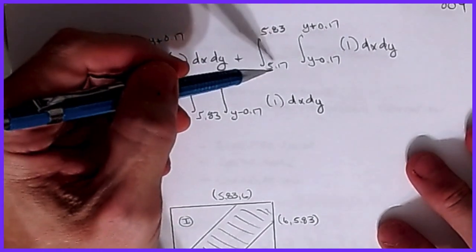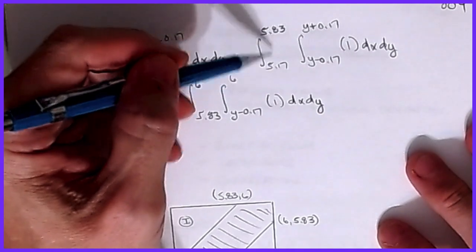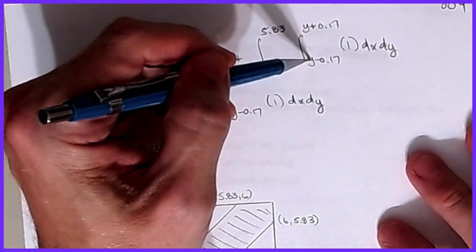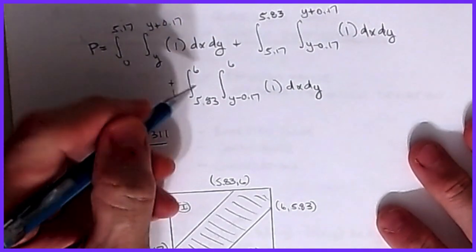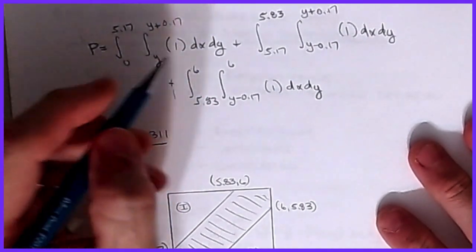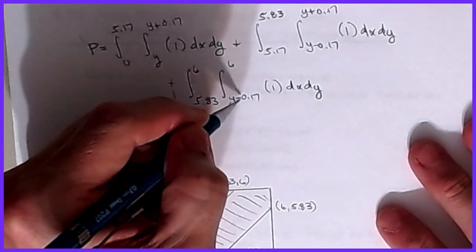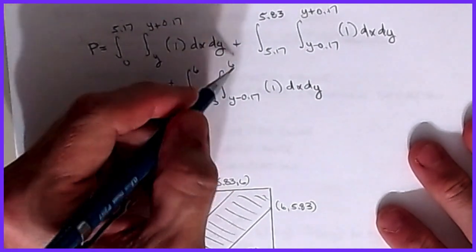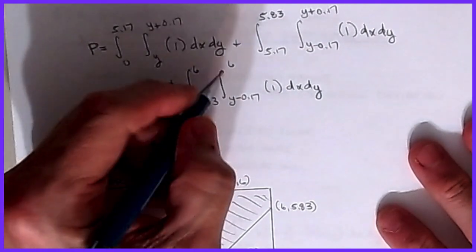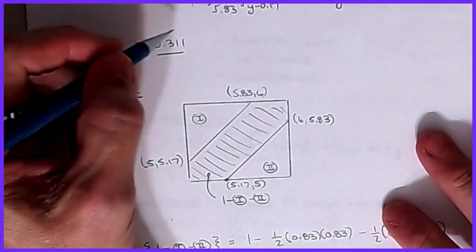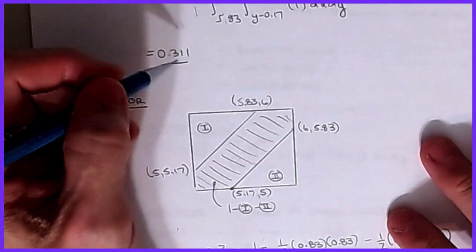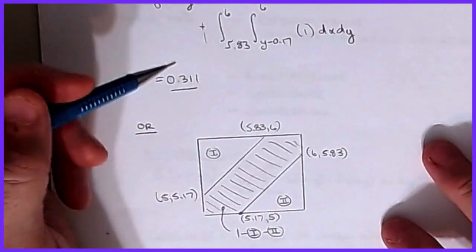Then I can do the middle band that goes from 5:10 to 5:50, and then I go from y minus 10 minutes to y plus 10 minutes, multiplied by 1. And then plus the last region, which is 5.83 to 6, and then y minus 0.17 all the way up to the upper bound of 6. If I do the math on that, that becomes 0.31 for our scenario.